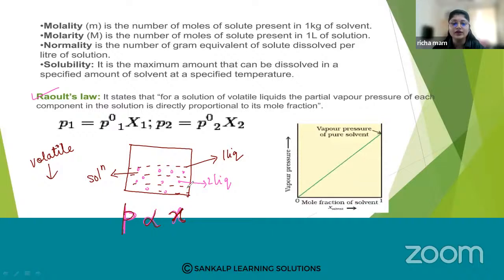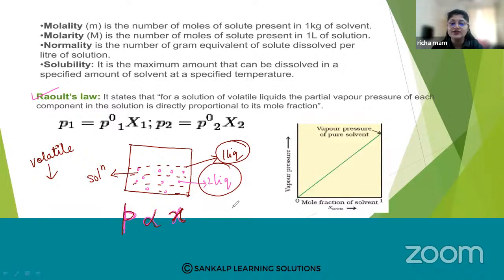For the application of Raoult's law, the necessity is that at least one of the components should be volatile. It should produce gas, because we are studying gas in liquid, right?